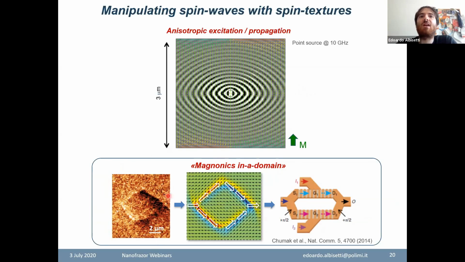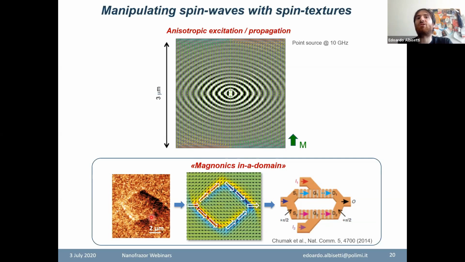So to use magnetic domains and spin texture as active components in magnonic devices. Normally, the magnetic domains in the ferromagnetic layer cannot be controlled very well, and usually what is done is to apply an external field to have the least domains possible in the film, so that you can control spin waves very well.